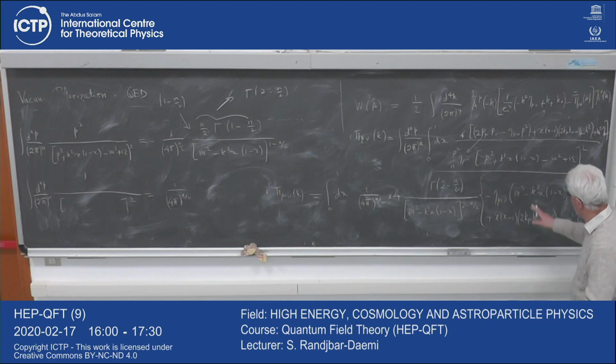Because there is this term and that term there, and then there is this minus k squared x times 1 minus x. There's a k squared here, I'm sorry. Right. So this term times that plus this should be the 2 that we need in order to factor out the 2.